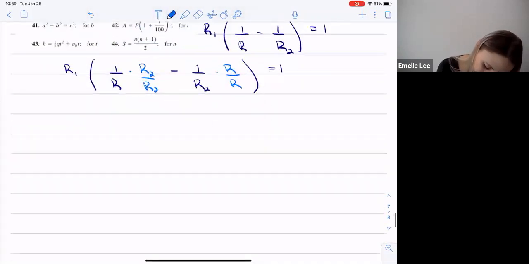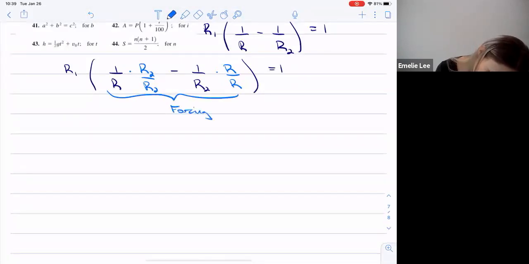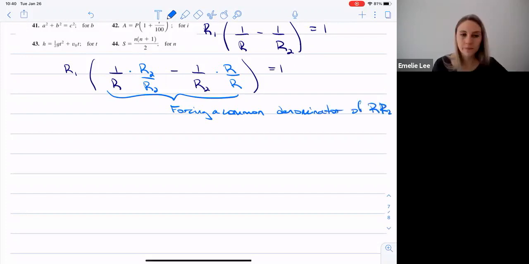Right here, I'm forcing a common denominator of R times R2. R times R2 is obviously not R squared, right?